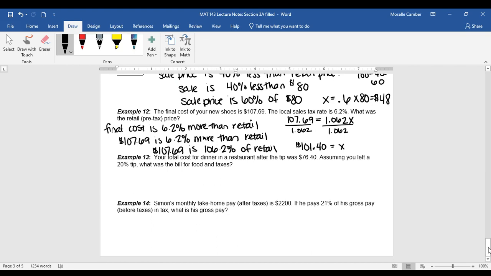Okay, example 13. Your total cost for dinner in a restaurant after the tip was $76.40. Assuming you left a 20% tip, what was the bill for food and taxes? Okay, so all in all, you left the restaurant paying $76.40. You paid a 20% tip. So what was the original bill before you paid tip?